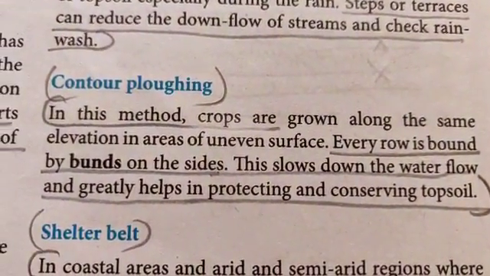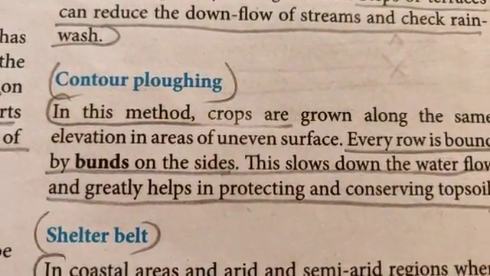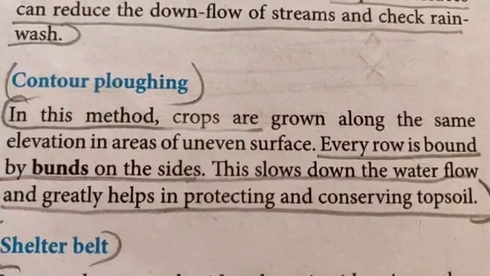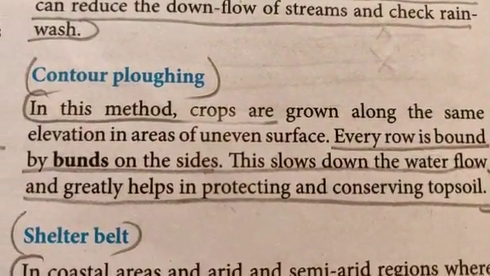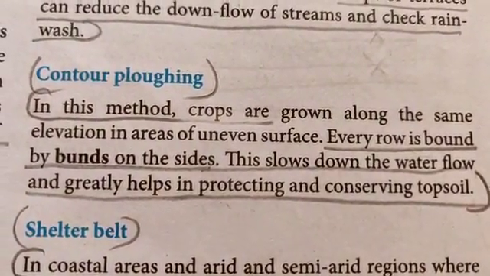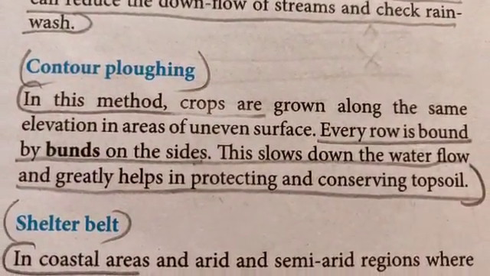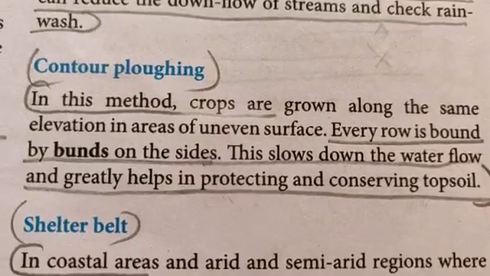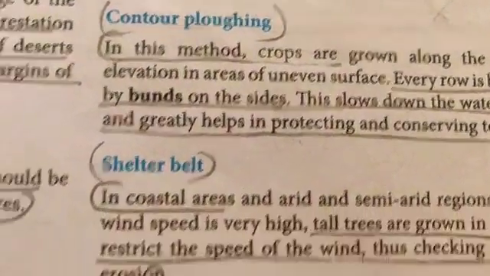Now, contour plough. In this method, crops are grown along the same elevation in areas of uneven surface. Every row is bound by bunds on the sides. What are bunds? Embankments.